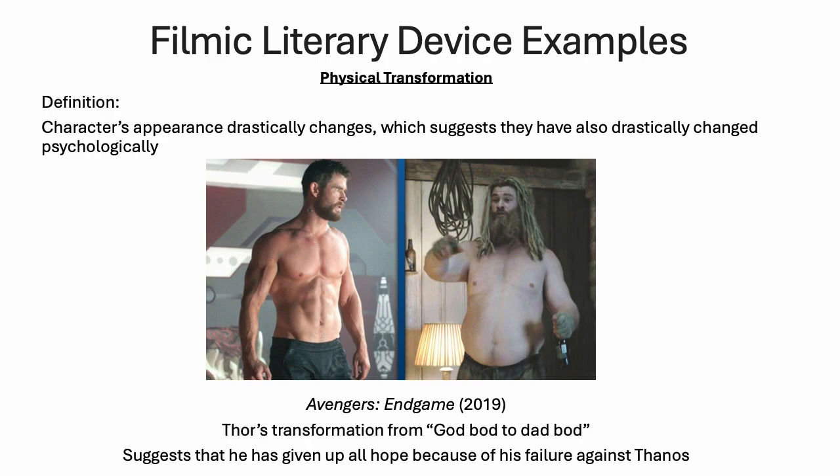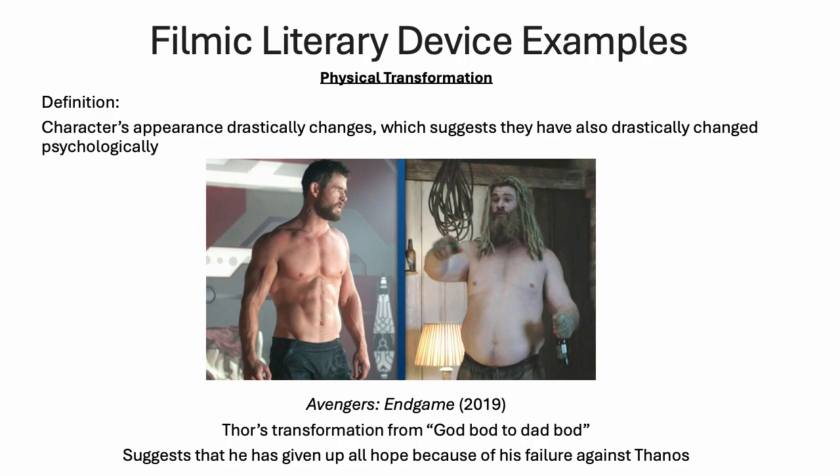This transformation signifies something a little bit deeper than just Thor letting himself go physically. It symbolically indicates that Thor has given up on the inside, or has given up all hope due to his failure in the previous film with Thanos.